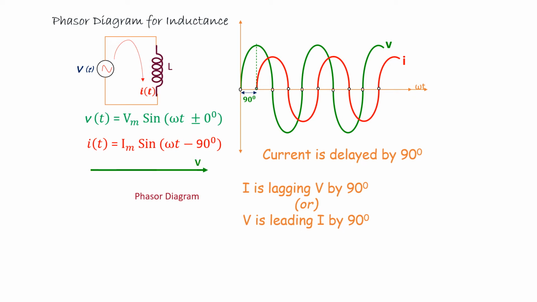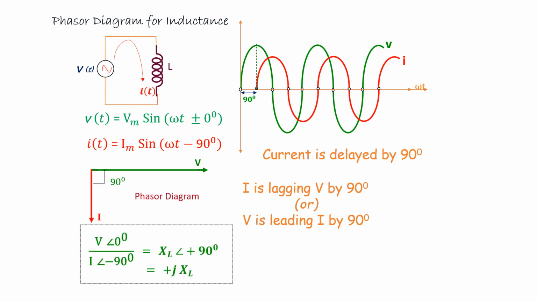Take V as the reference at 0 and draw the current lagging by 90 degrees. If you put voltage by current, with voltage angle 0 and current angle as minus 90 degrees, you will get it as XL with plus 90 degrees.